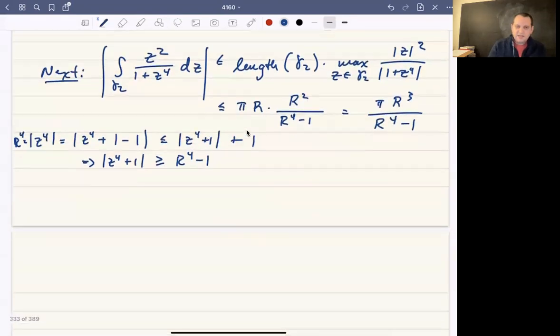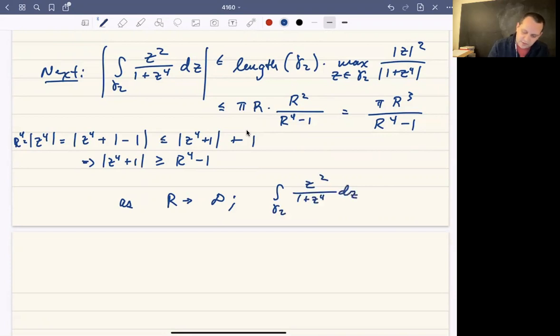And so notice that as r goes to infinity, this integral over gamma 2 of z squared over 1 plus z to the fourth, notice we didn't even actually evaluate it, but whatever it is, this is going to go to 0, because this is bounded by something like 1 over r. And so that integral is going to go to 0.